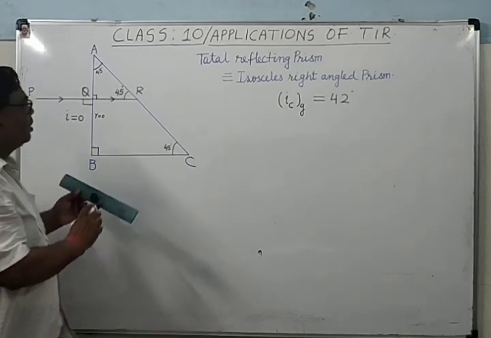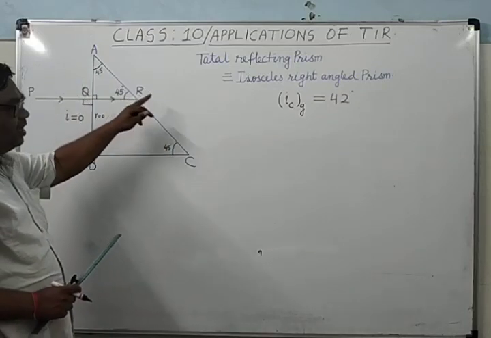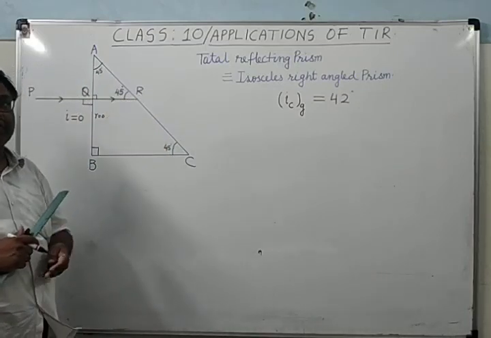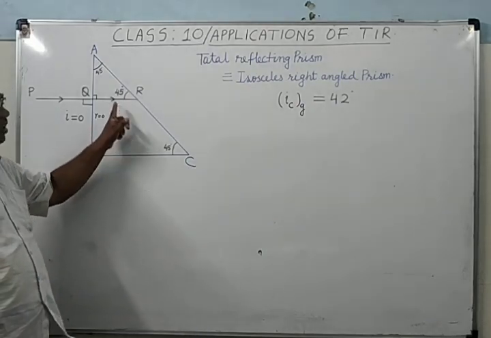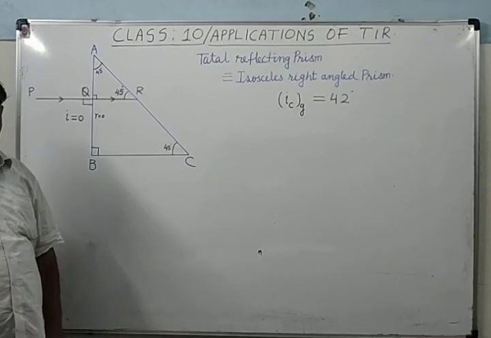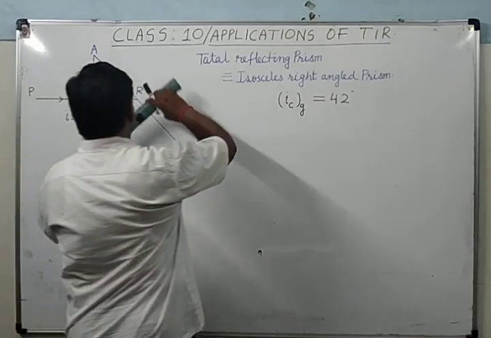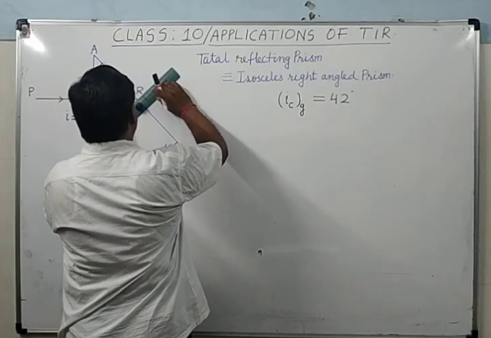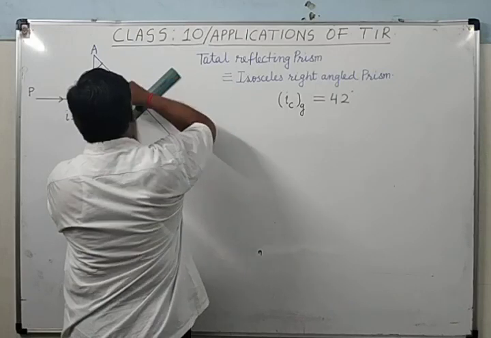Means the ray will pass. What will happen? Here at the point R, the ray is intended to go from where to where? From glass to air. Now at this point, which is the point of incidence, you draw the normal and find out the angle of incidence.